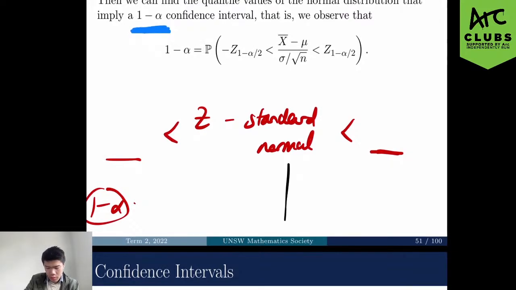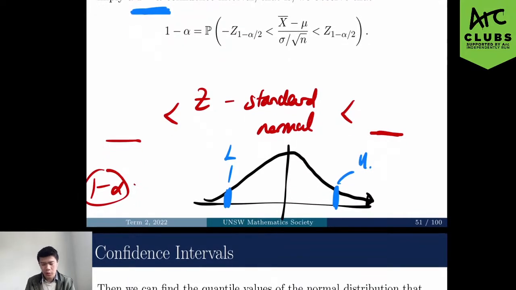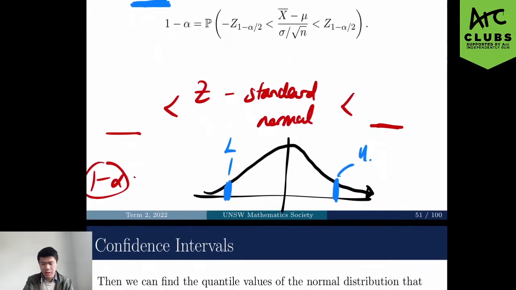Remember from before, we want an interval that has bounds on both sides. So we're trying to solve for these two cuts, L and U. If we want the probability of this statistic lying between these two numbers to be equal to 1 minus alpha, then we segment the probability on the entire graph into 3 sections.